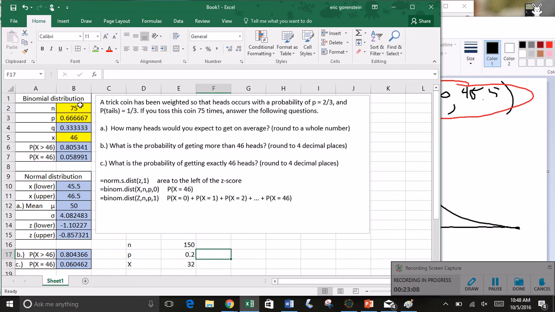If I type in these three values manually, 150, 0.2, and 32, all of the values in Excel are automatically updated. So you see the limits, 31.5 to 32.5, the mean is now 30, and so on. Everything in blue is connected to those three cells in yellow by an Excel formula. So all these calculations are done based on the location of the yellow cell, so it's either B2, B3, or B5, not the numbers in those cells.